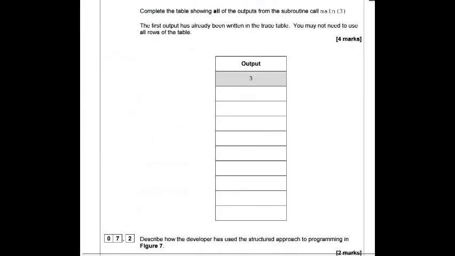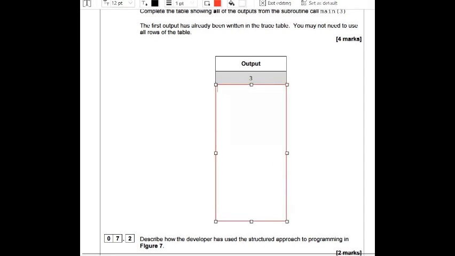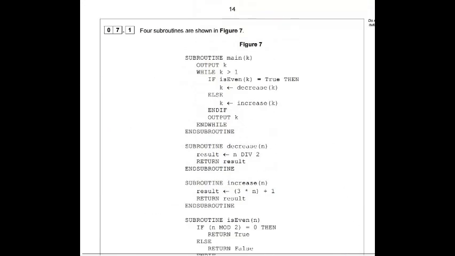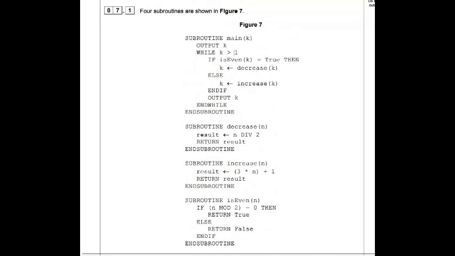So the initial output is a 3. The first calculated value is going to be a 10. So that's going to increase. And then let's say the main is 5.